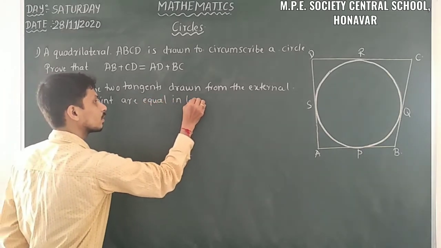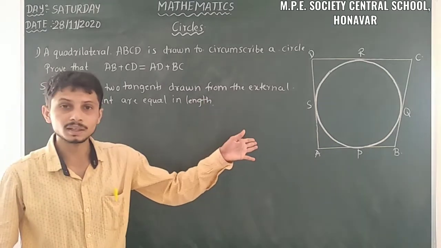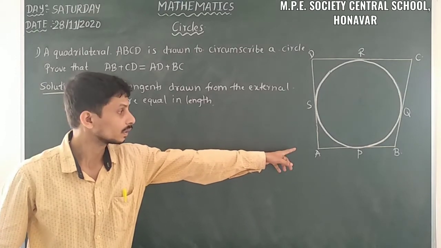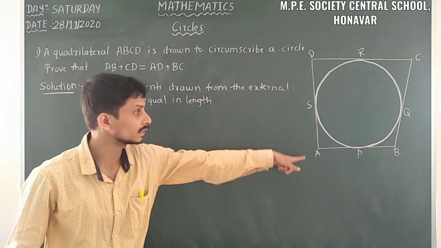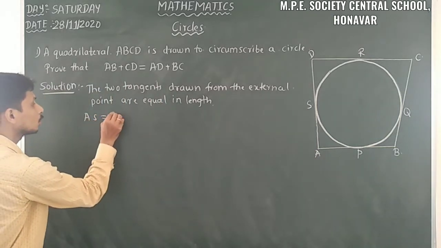So from point A, two tangents are drawn, that is AS is equal to AP.